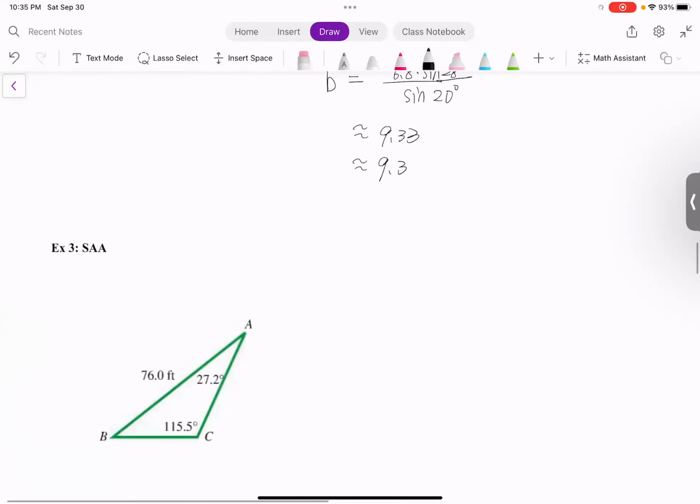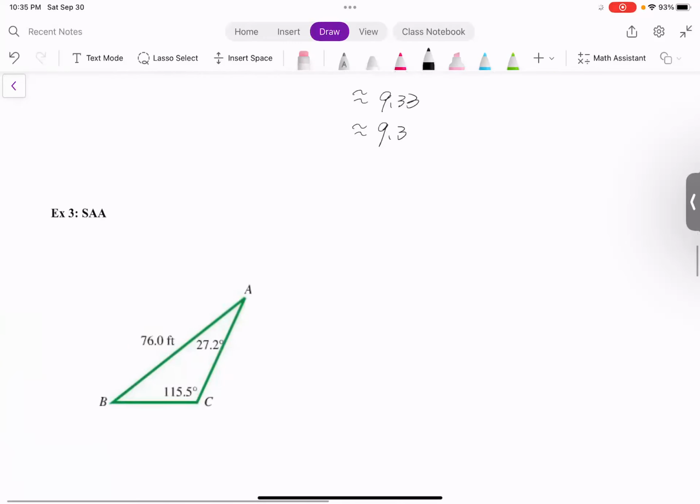Let's see the next case, SAA. Actually, this is the same thing, because we have two angles. I can find the missing angle B, so I can list the law of sine function. Law of sine equation, and find the missing information.